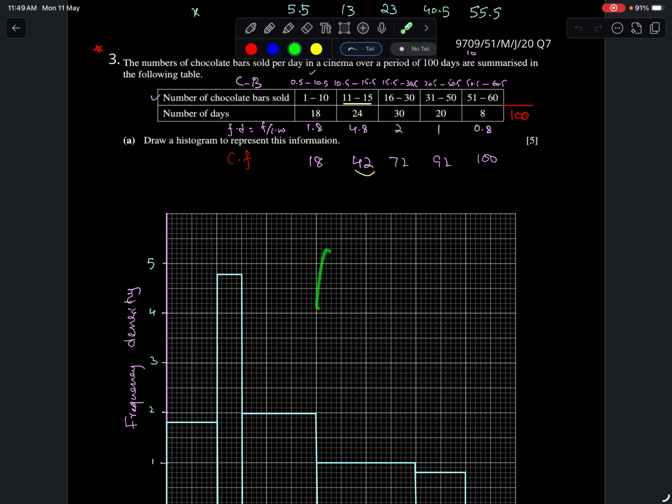In a box plot, its shape is like this. Q1 is close to the median, in fact the median is close to Q1. See, this is positively skewed in a box plot. If the median is close to Q1, then it is said to be positively skewed.